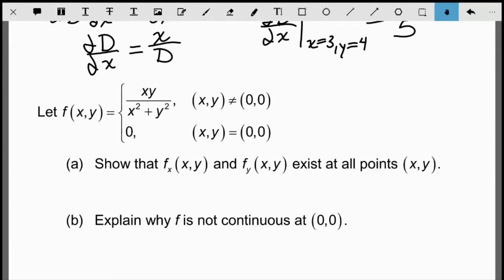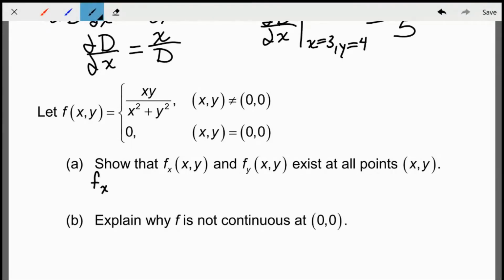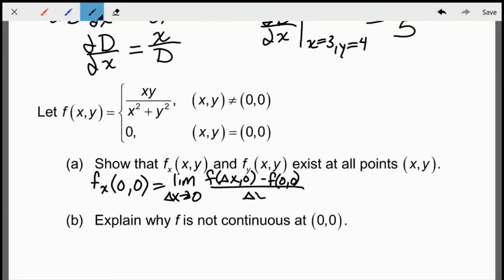So if I were to take my partial derivative here, f_x at the point (0, 0), what I would end up with is the limit as delta x approaches 0. And what I'm doing here is using the definition of a partial derivative. So that'd be f of (delta x, 0) minus f of (0, 0) divided by delta x, which would be equal to 0.